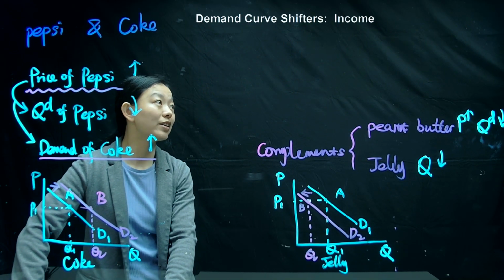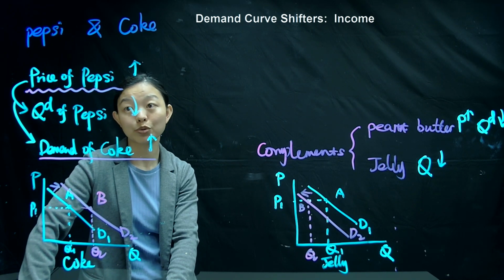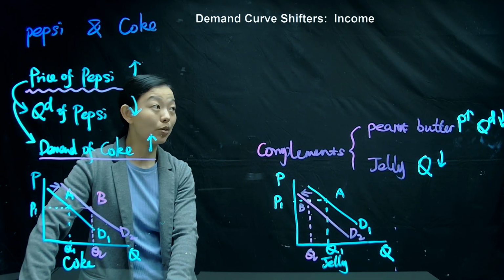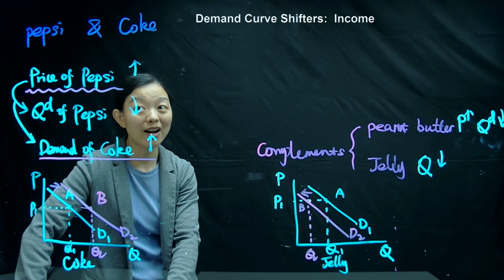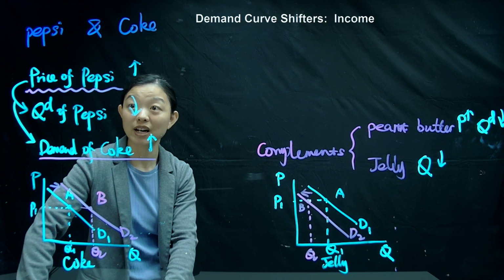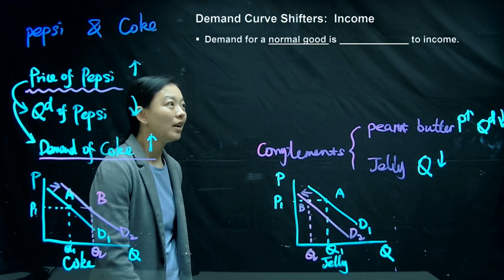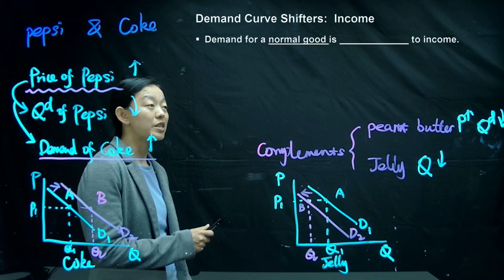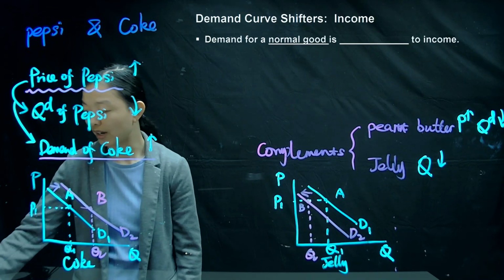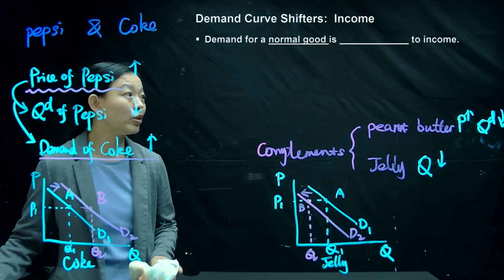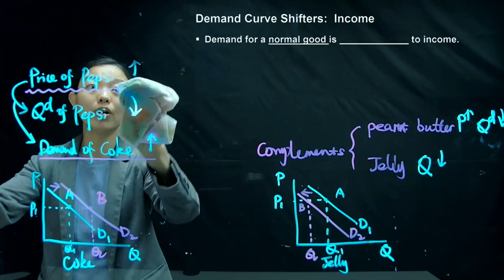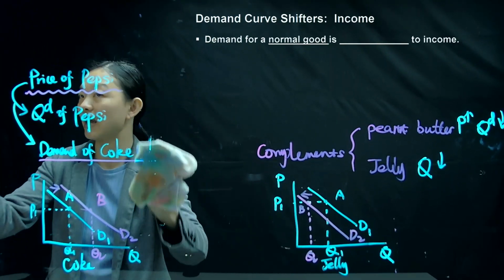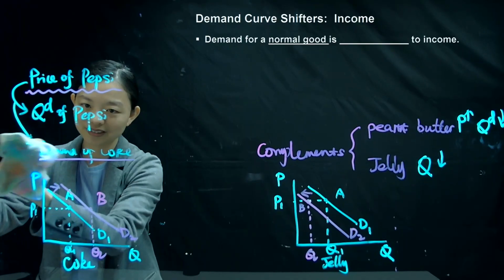Now let's look at another demand shifter, which is income. I already gave you an example of income, but income will have different impacts on different products. Demand for normal goods is positively related to income. What does normal good mean? Normal goods means once your income increases, you would like to buy more of those products, like steak and seafood.